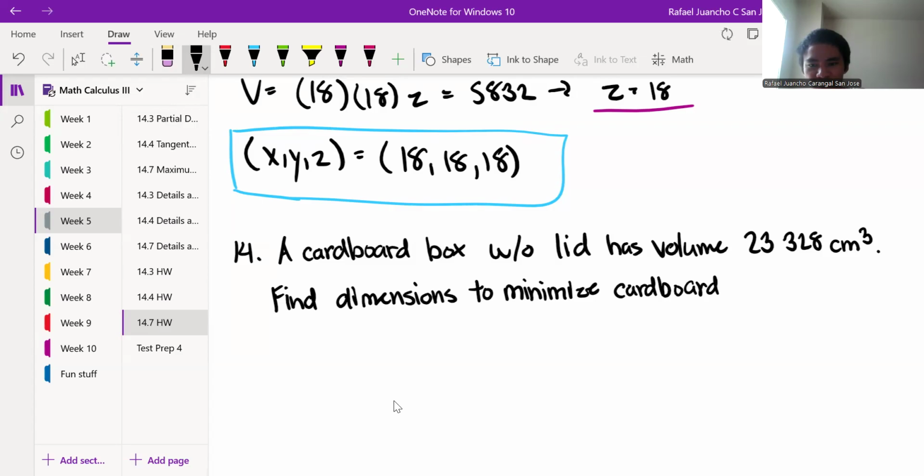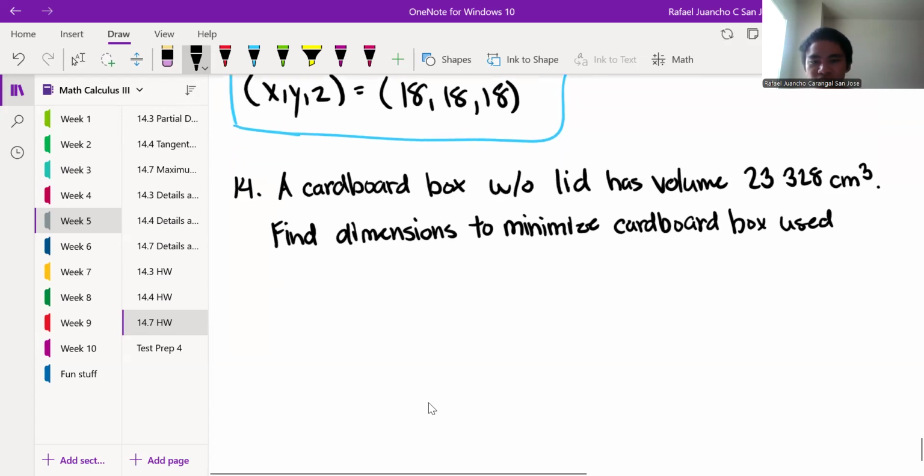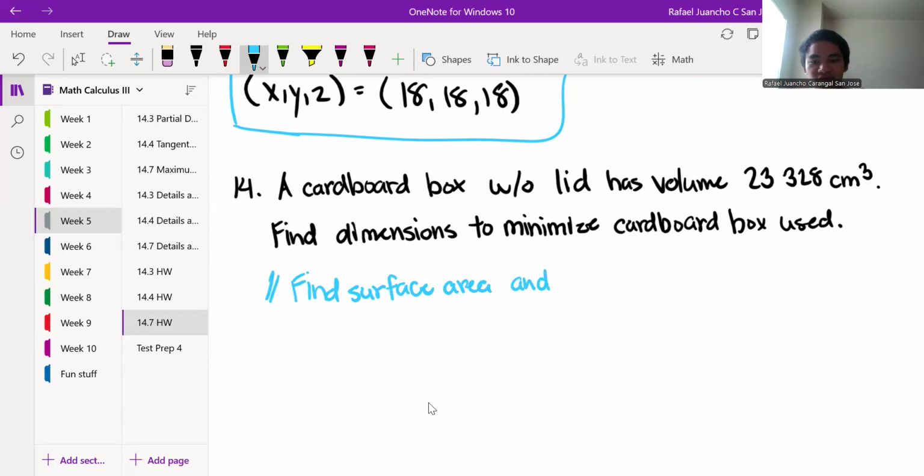So here, again, we're going to copy our steps. We're being asked to find that surface area, the total surface area, and the volume that we have, and our given value, which is the volume.